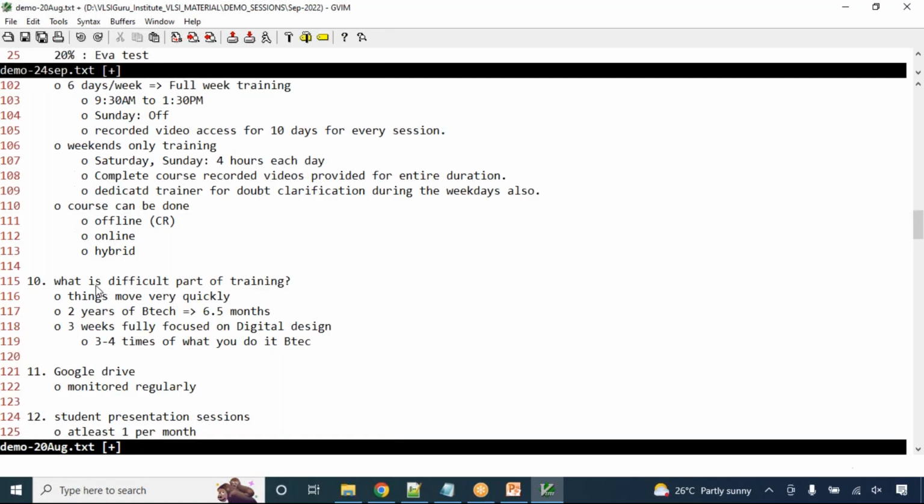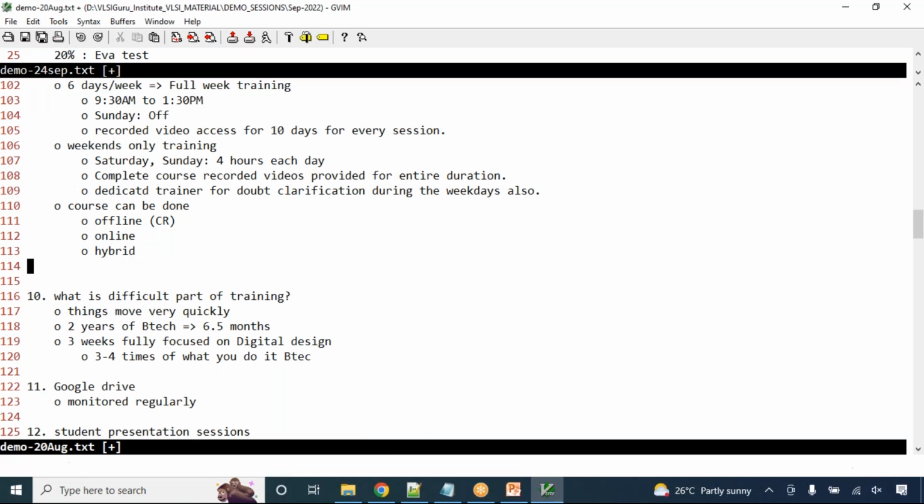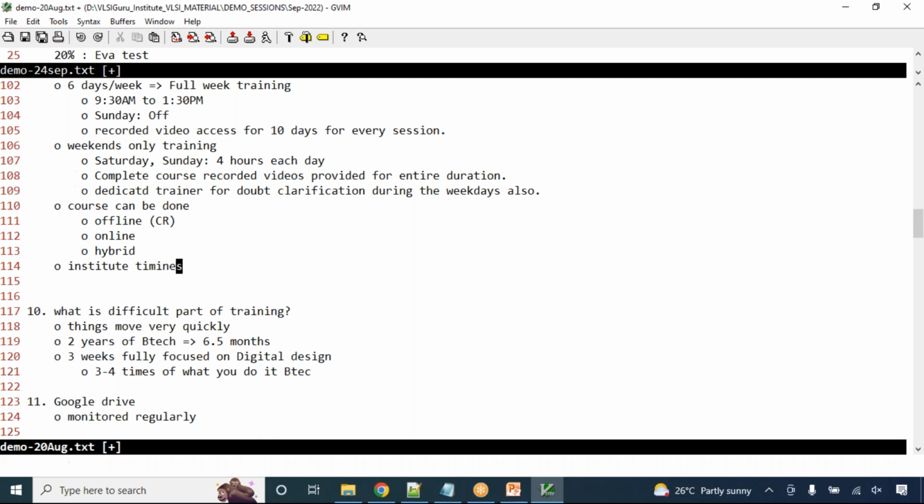Okay. Now, this is about how the training will be done, the schedule, everything. Institute opens from 8 a.m. to 8 p.m. So you can come anytime to the institute and you can be sitting here and practice.